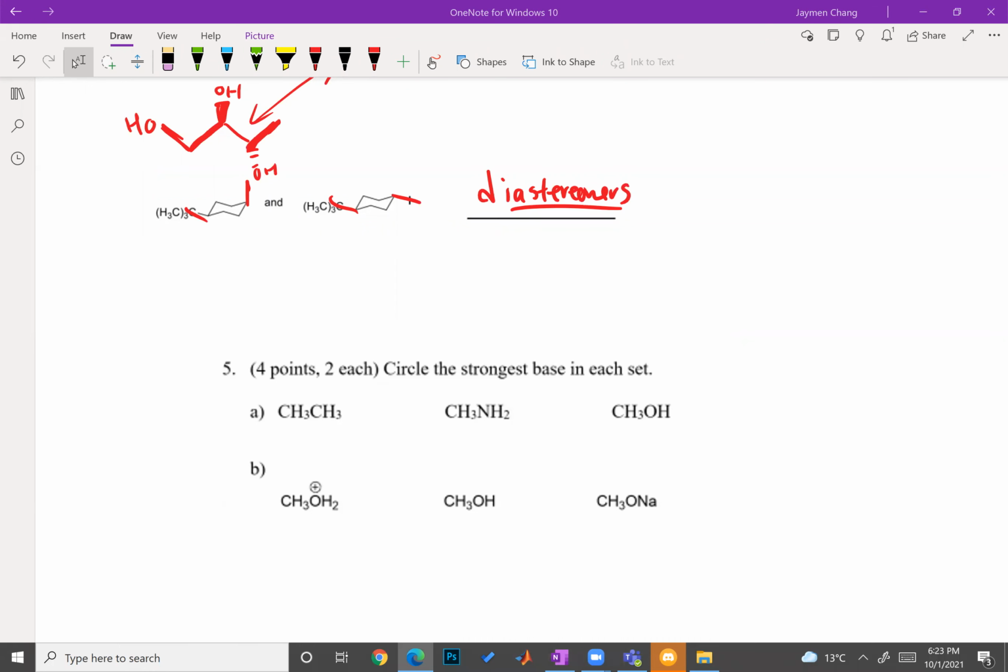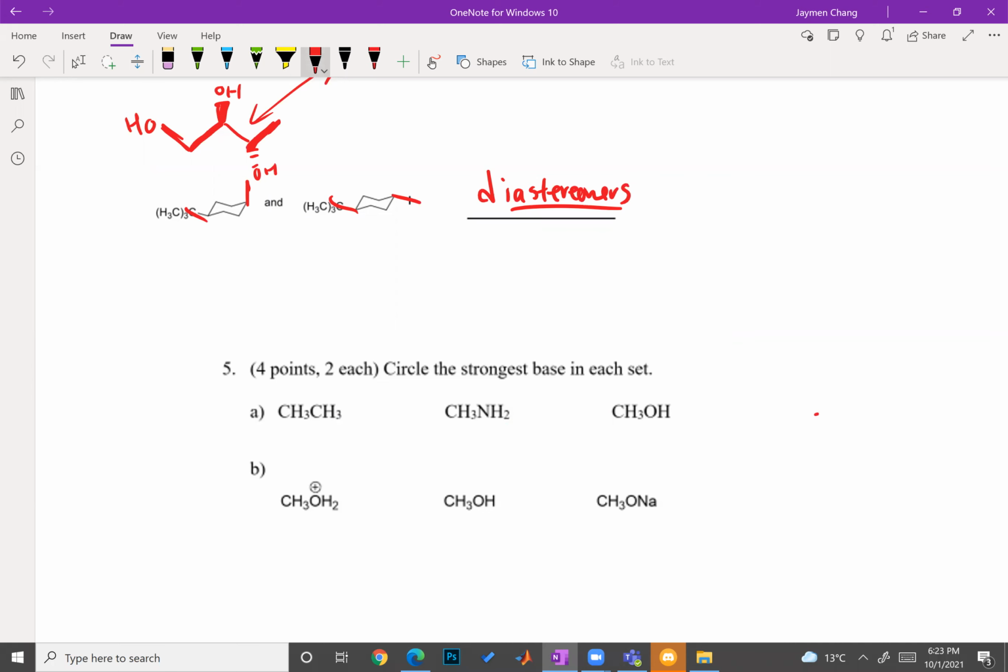So for the first one, what we're going to see is we have three types. Here we just have carbon-carbon bonds, which aren't going to be very good. Here we have carbon-nitrogen bonds, and here we have carbon-oxygen bonds.